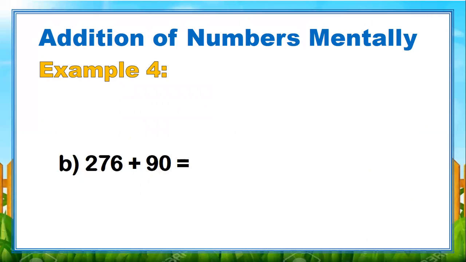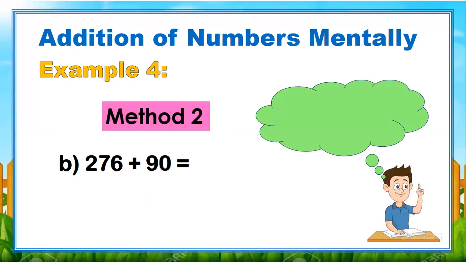So this is another way of solving this addition number sentence mentally. 276 plus 100 is equal to 376. So 376 minus 10 will give us the sum of 366.